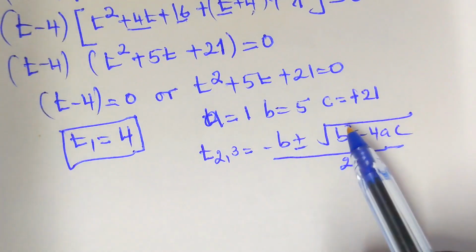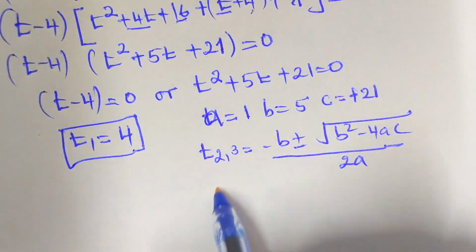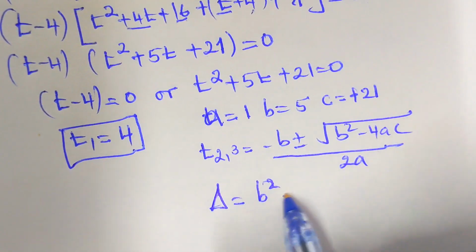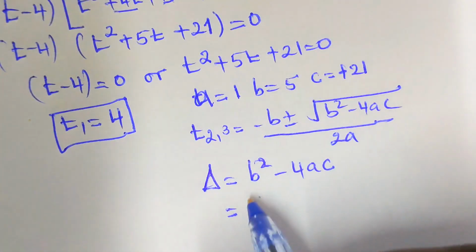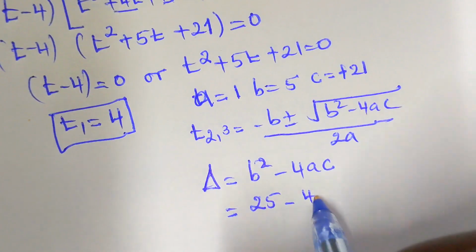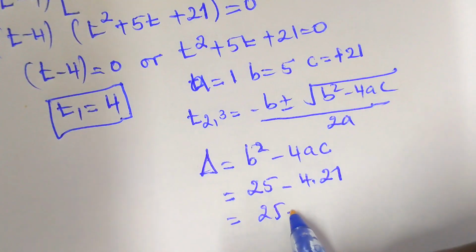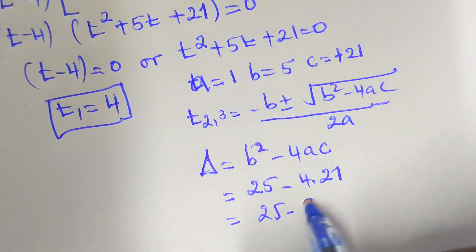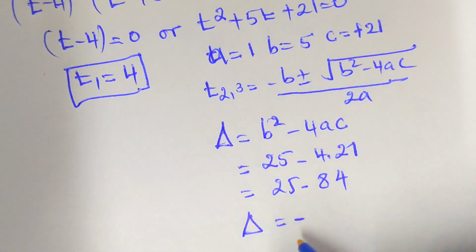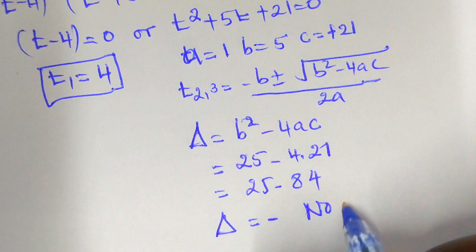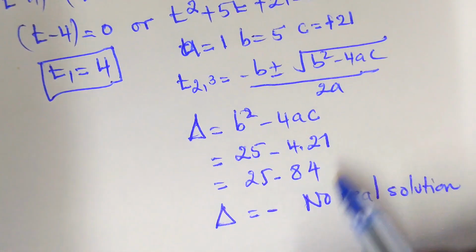Before continuing, we find the discriminant, b^2 - 4ac, where b is 5, 5 squared is 25, minus 4 times 21, which is 25 minus 84, so the discriminant is negative. So there is no real solution for these roots.